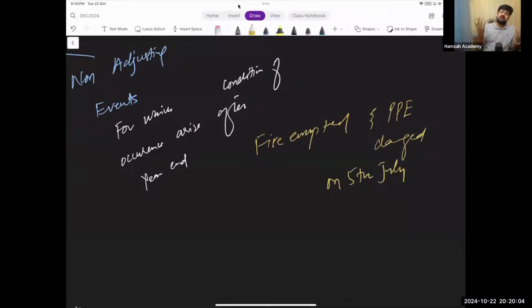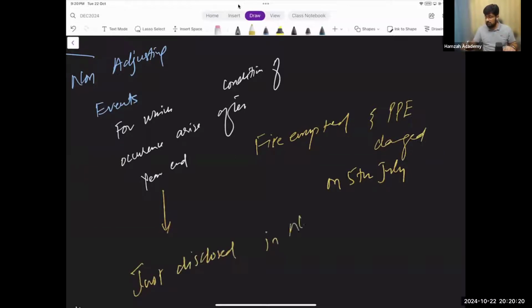It has no condition of occurrence at year end. They are just disclosed in notes to financial statements. Financial statements are not adjusted, not amended for their effect.